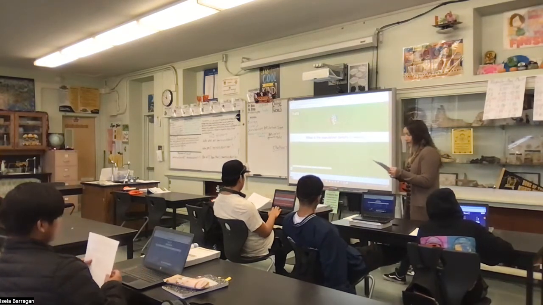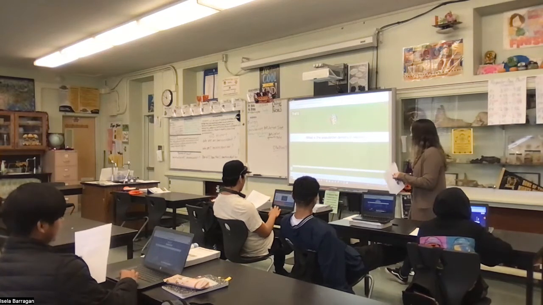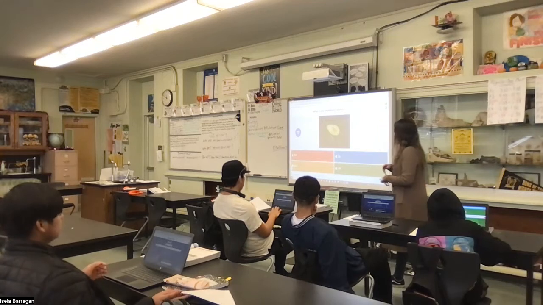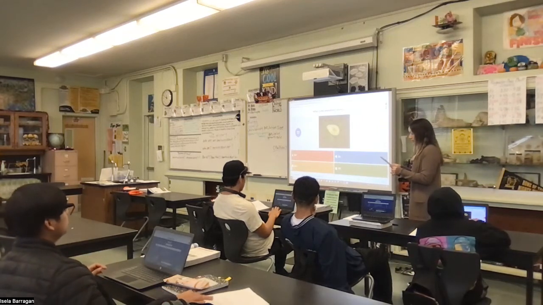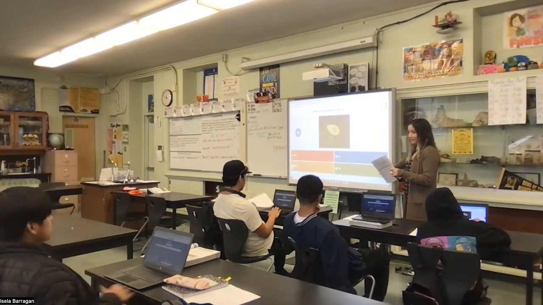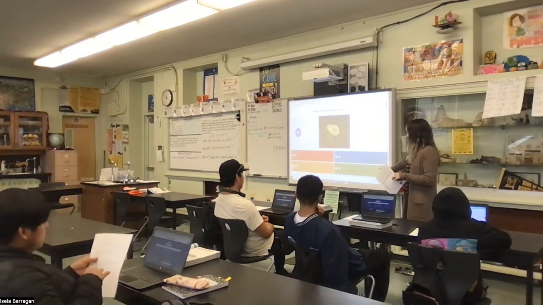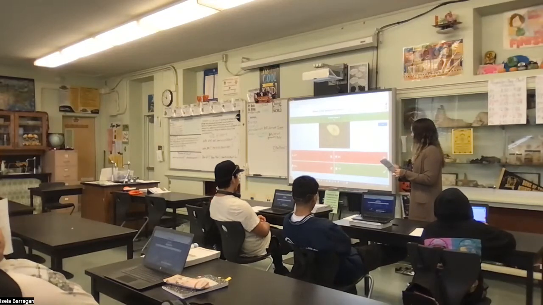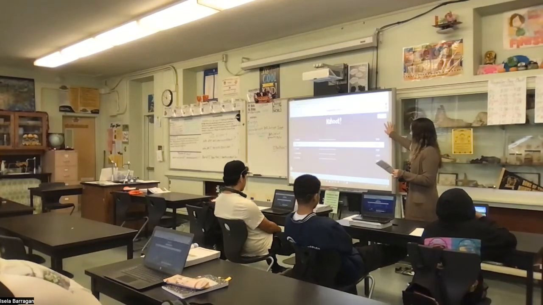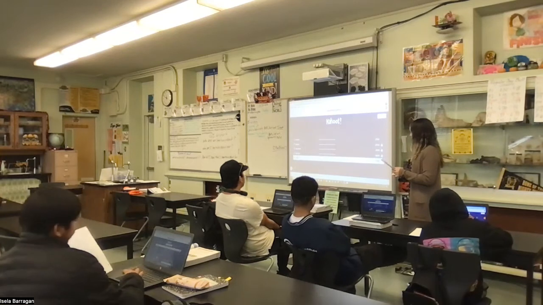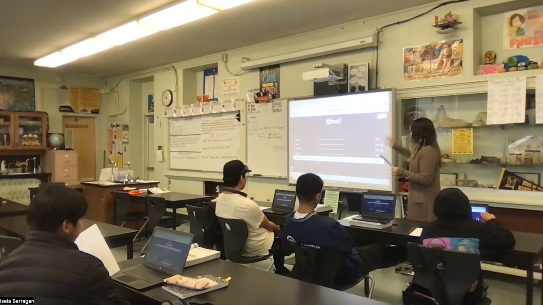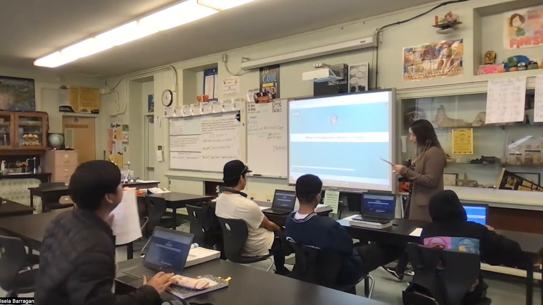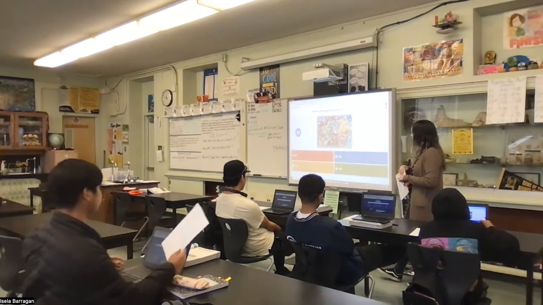Number 3 for Mexico, 171. Number 4 for China, it is 353 for the population density.